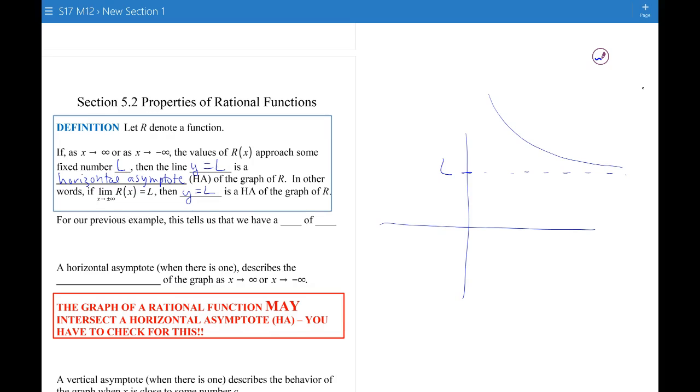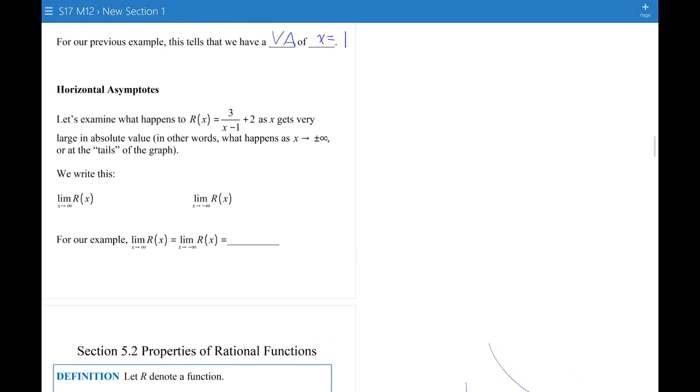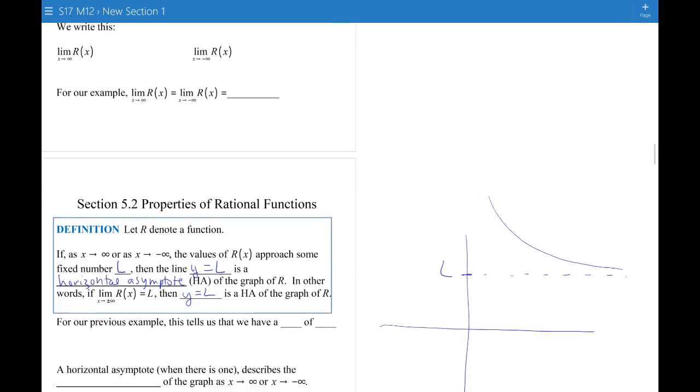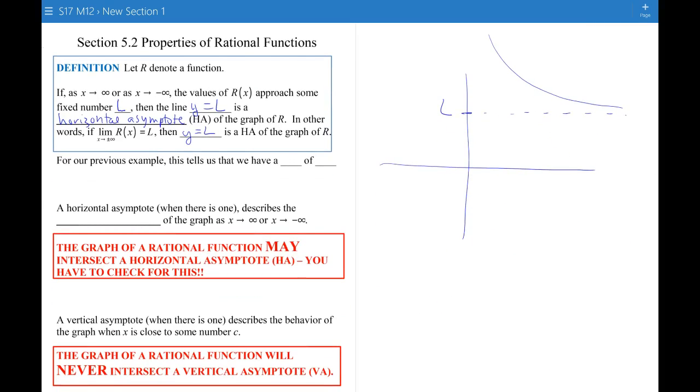So for our previous example, the 3 over x minus 1 plus 2, we can see that we have a horizontal asymptote of y equals 2. So a horizontal asymptote, when there is one, describes what's called the end behavior of the graph as x gets very large or very small.